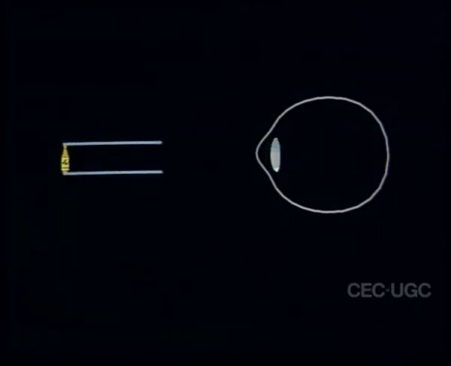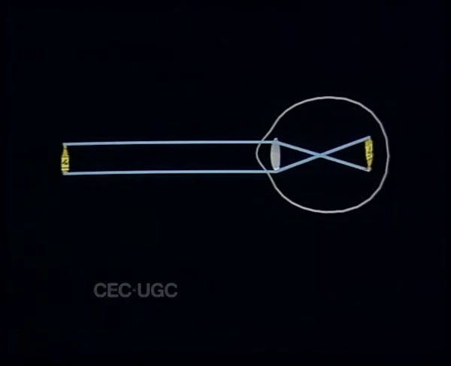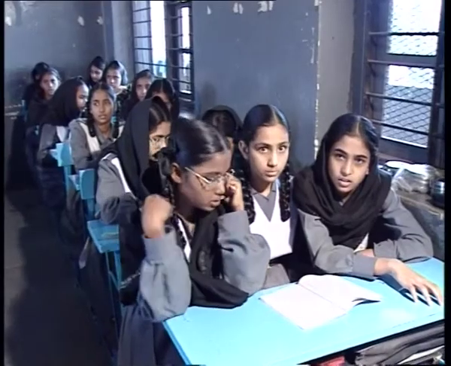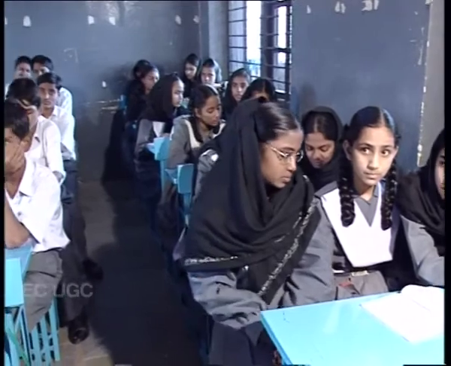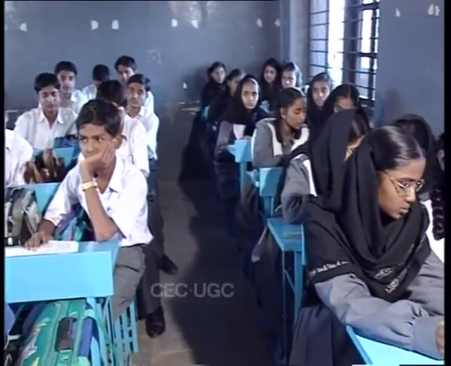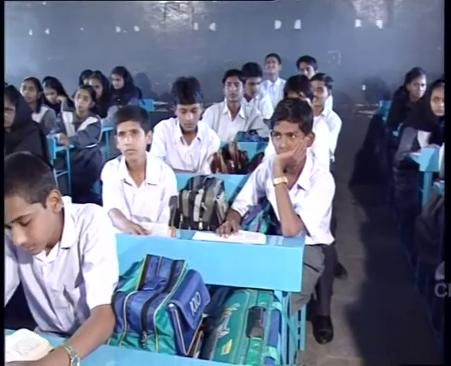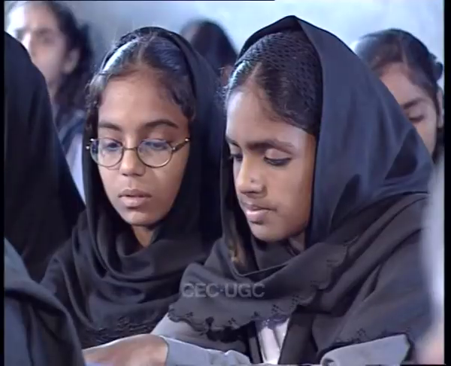Images of distant objects get focused in front of the retina, thus creating a blurred picture. Sometimes the cornea is too curved, and this too causes myopia. Myopia is discovered in children aged 8 to 12. But because the eye continues to grow throughout the teenage years, myopic conditions may become more severe.